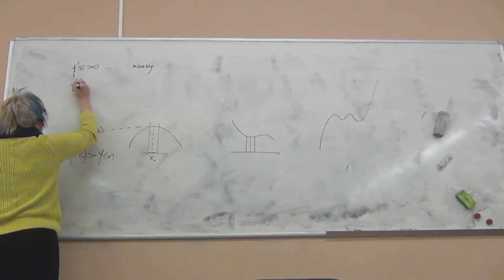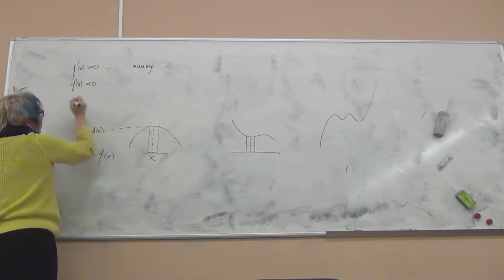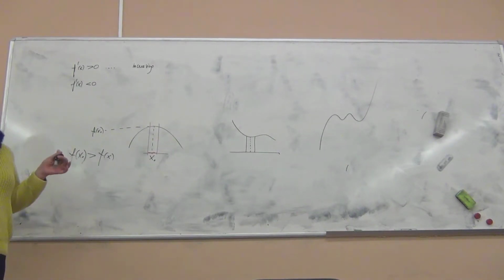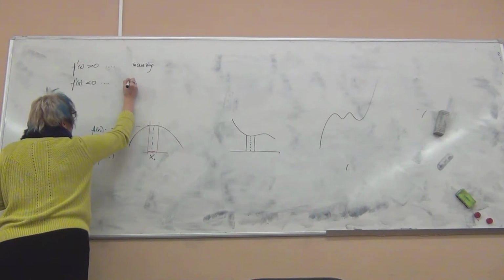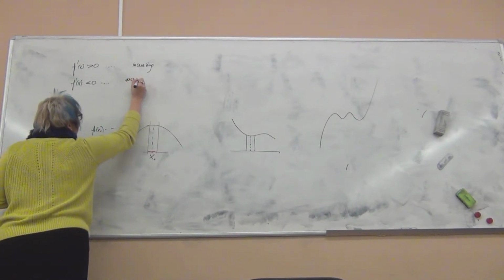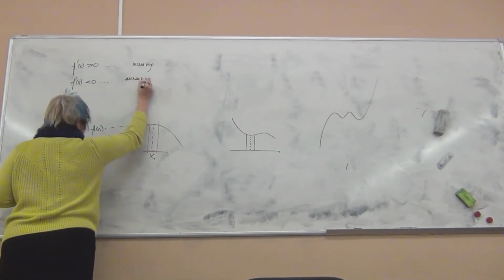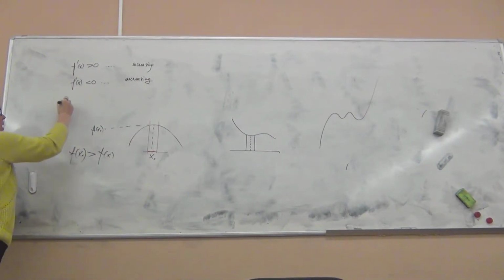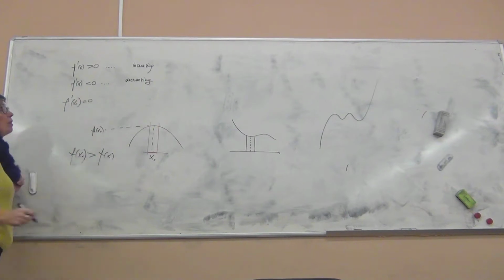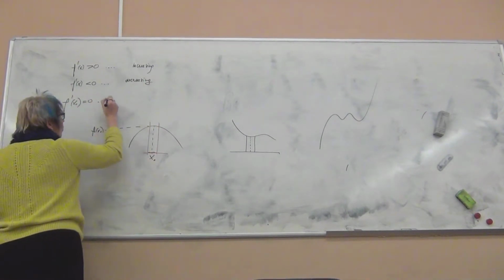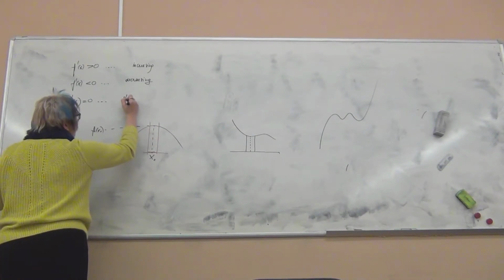If the derivative in some segment is negative, it means the function is decreasing, going down. And if we have a point where the derivative equals 0, it's called a stationary point because the function stands still for a moment.